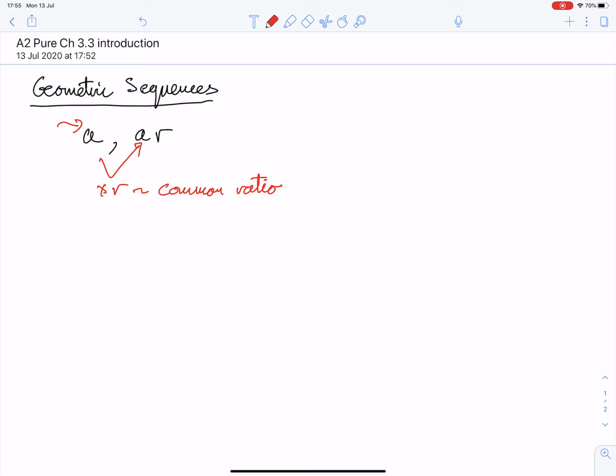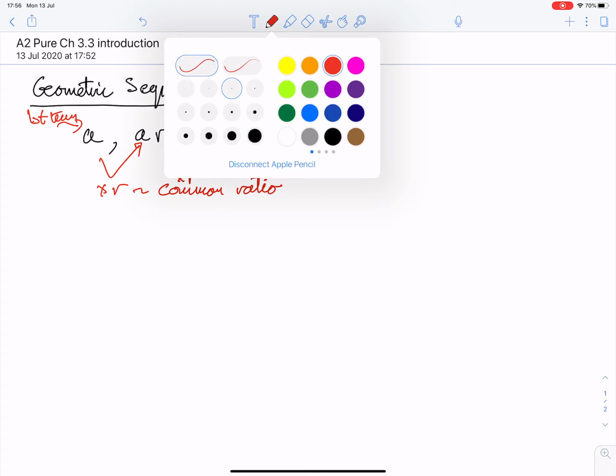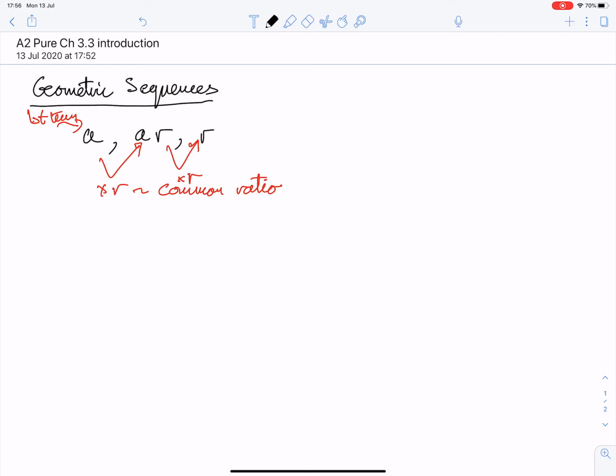A is still our first term. So our next term, we multiply by r, so we get AR squared. And the next term then is AR cubed, etc.